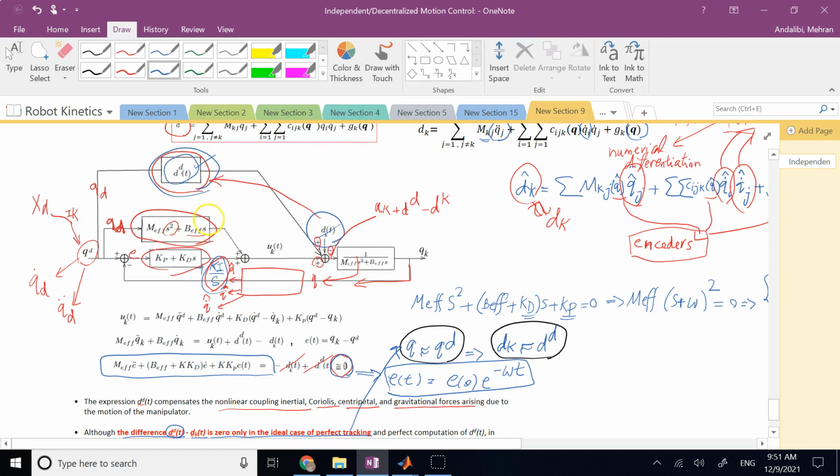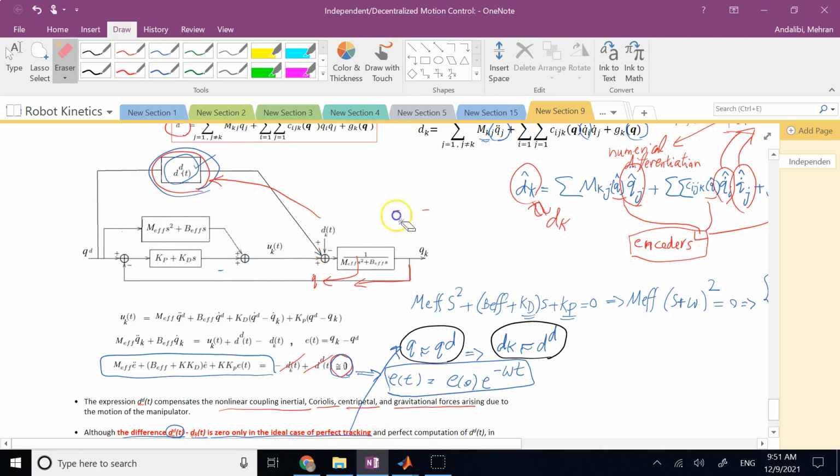Because if you look at the blocks here, the F block, the H block, and the G block, all of these are linear systems. We could apply a Laplace transform to them.